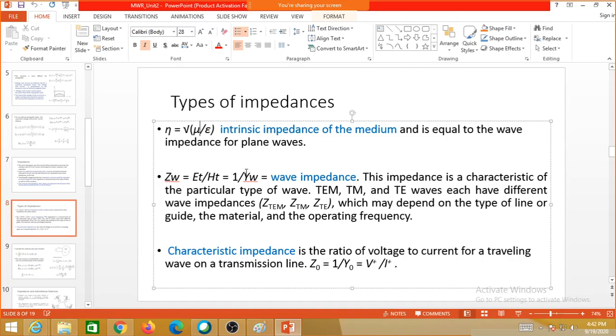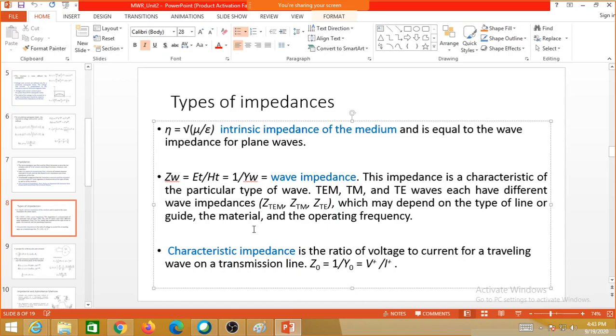Also, in terms of admittance we can define it. This wave impedance is different for particular types of waves, which are TEM, TM or TE waves. You already know the TE and TM waves as waveguide modes, and in a two-conductor transmission line the TEM wave exists. These impedances will be different for these different waves. This also depends on the operating frequency and the conductive material you are using.